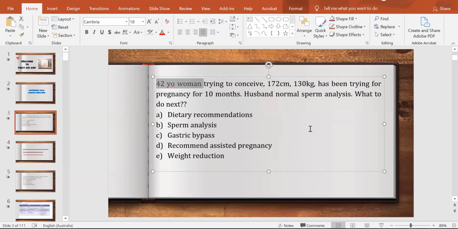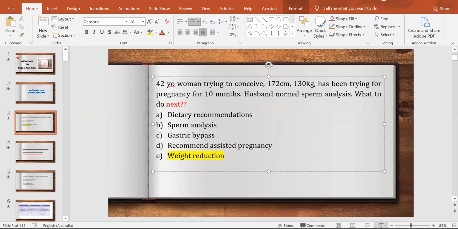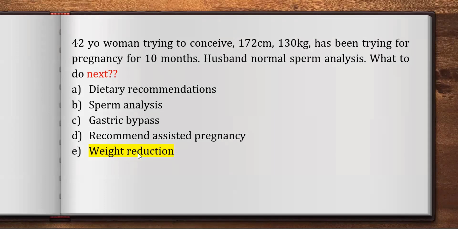She's 42, but obviously before we go for ART, we will recommend weight reduction. They are asking what to do next. Next means what we are going to do next for her. The best next option for her will be weight reduction. You guys are right. Very good. So weight reduction would be the first option, but the most appropriate thing for her would be recommending assisted pregnancy later on.